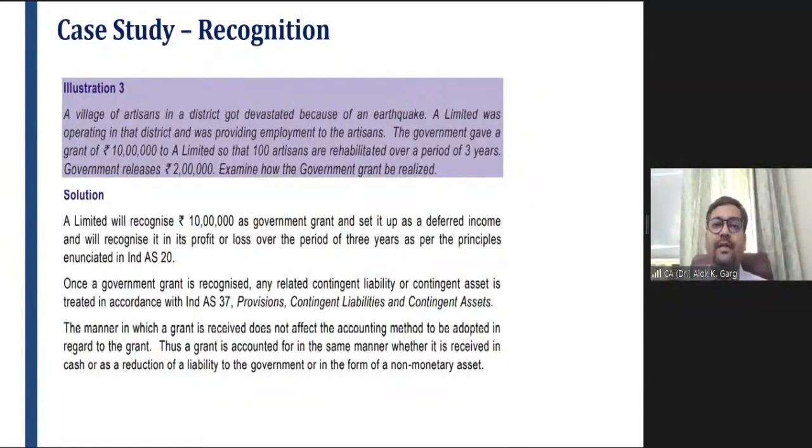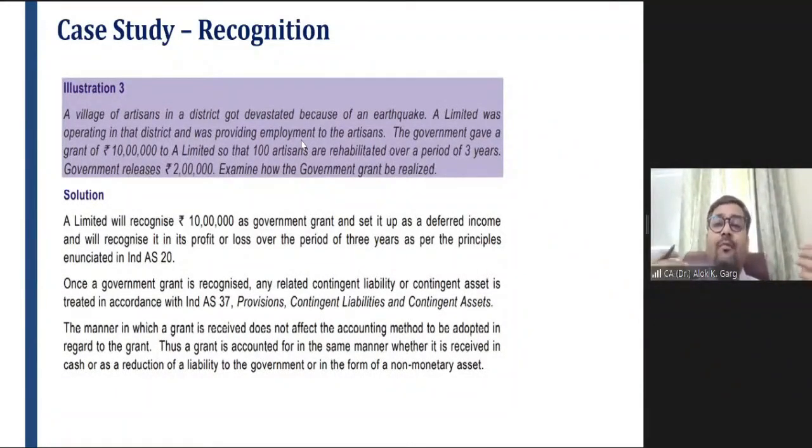So there was a village, and due to the earthquake, the village was completely destroyed. The government has given a grant so that 100 artisans can start their life again, can be rehabilitated over a period of 3 years. Government releases 2 lakh rupees. Examine how the grant can be recognized. So guys, first was the background that this earthquake came and the artisans became unemployed, and this company is generating employment for the artisans.